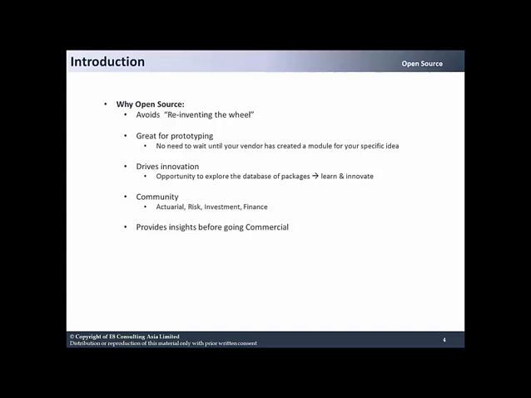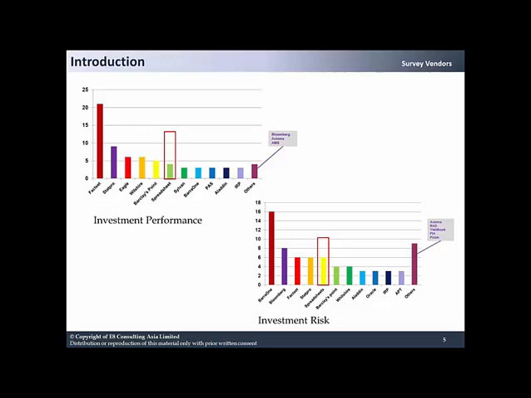Now, funny enough, and that's what I mentioned in my career, organizations still use a large amount of spreadsheets. So in this analysis that they've done, you can see that spreadsheet is still in the number 6 and number 5 spot as how much is being used for investment performance and investment risk.